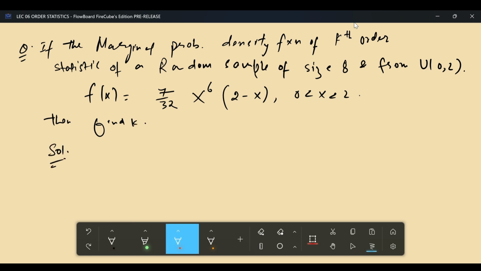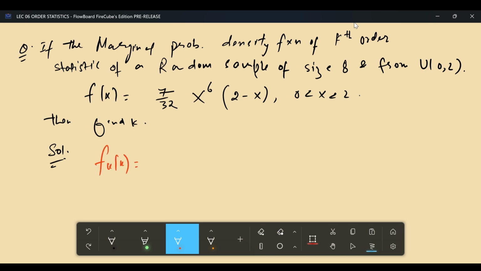How to solve this question? If the marginal probability density function of the kth order statistic, let's find the f of x_k.